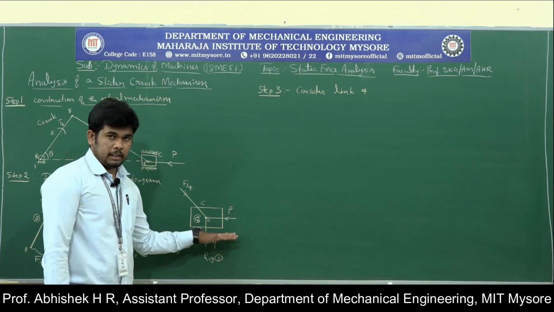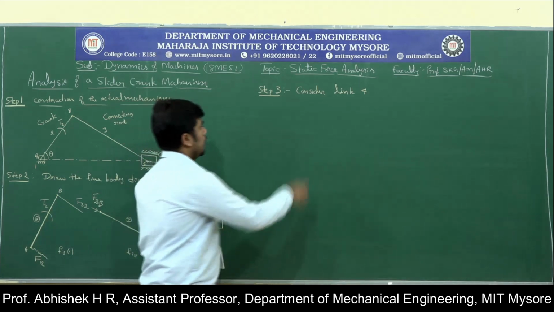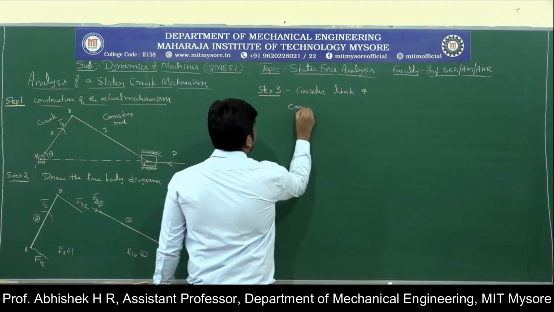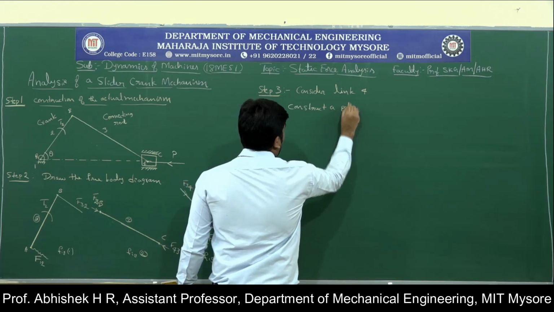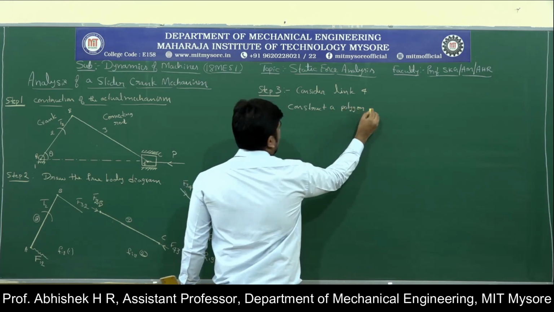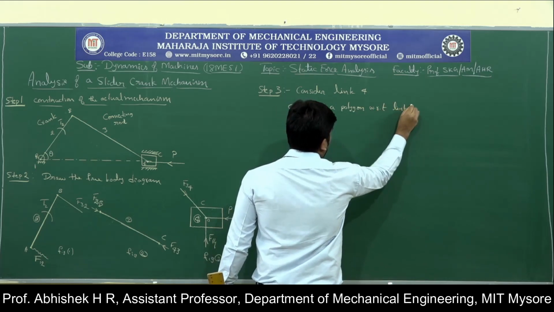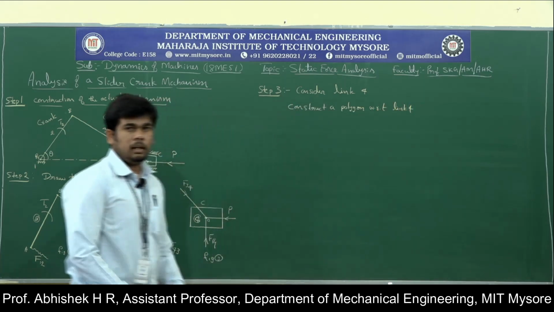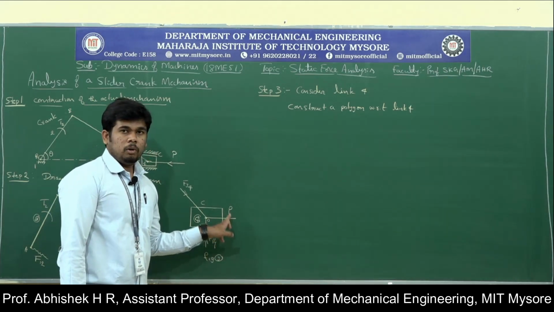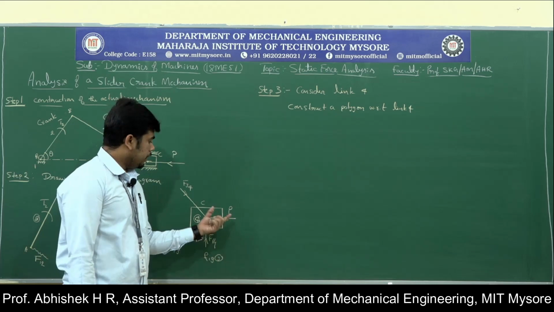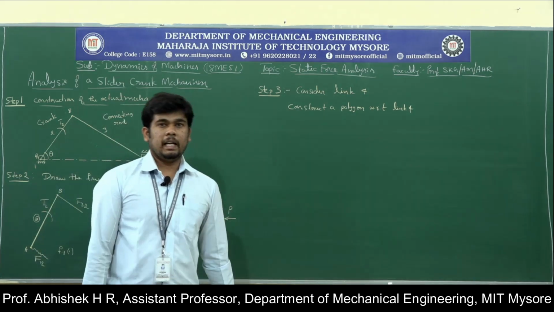With respect to this, I have to construct the polygon for link 4. Because we know the value of the load, with respect to the load we can convert it into a scale.